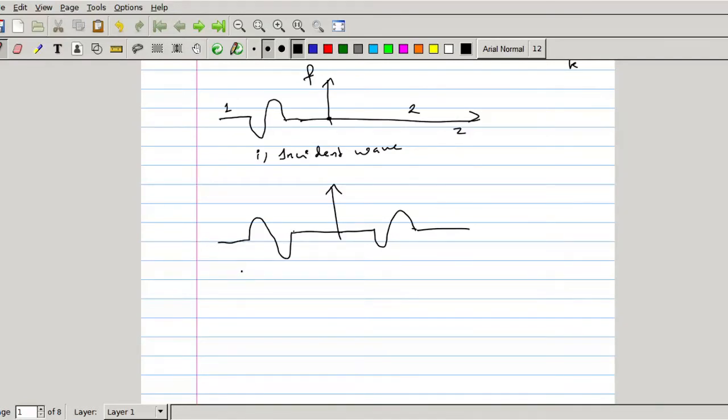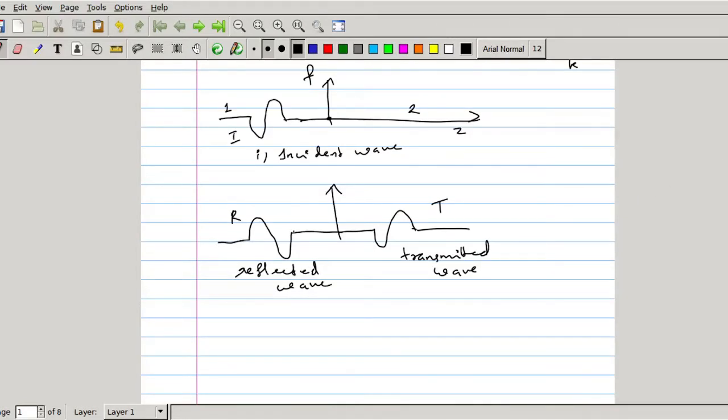I represent the incident wave by the suffix I, the reflected wave by the suffix R, and the transmitted wave by the suffix T.